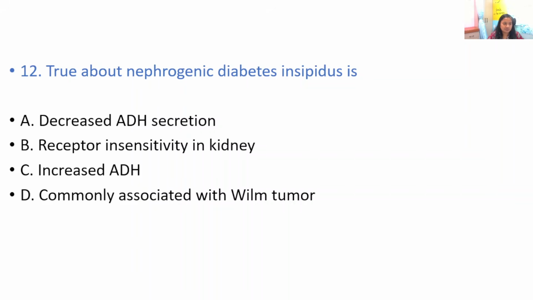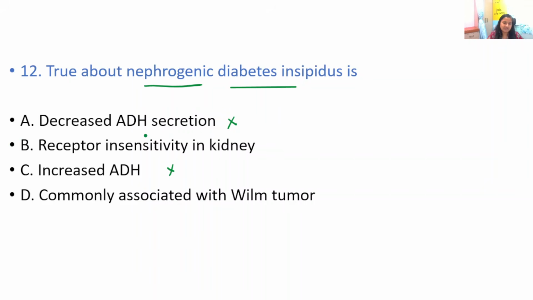True about nephrogenic diabetes insipidus is decreased ADH secretion, receptor insensitivity in kidney, increased ADH, and commonly associated with Wilms tumor. So here read it carefully. They are talking about nephrogenic diabetes insipidus. So these two options are out, decreased and increased ADH, because that is normal in nephrogenic DI.